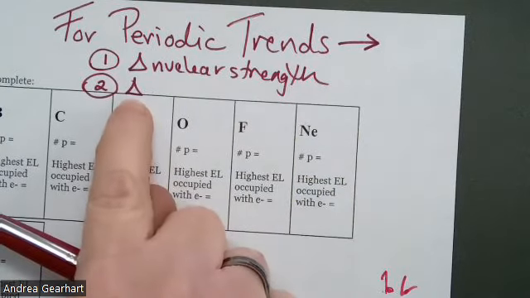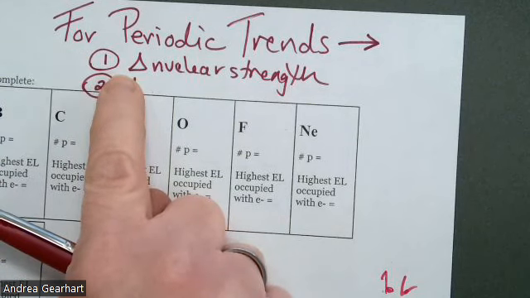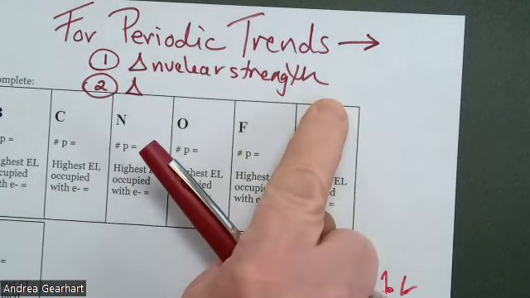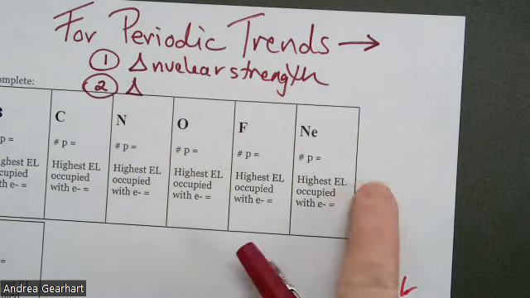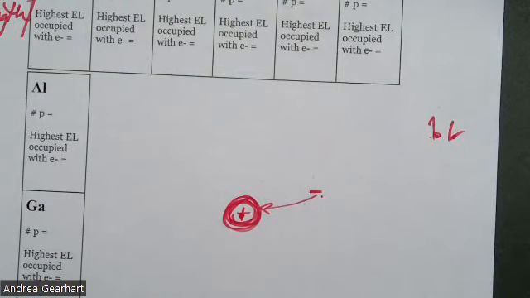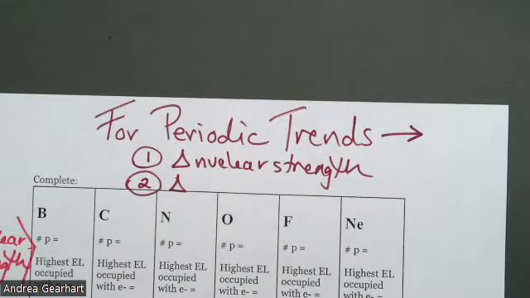If I had to write out instead of putting that triangle, it would be change in nuclear strength. So as we are moving down a group or across a period, how is nuclear strength changing? Well, in this direction, increasing, in this direction, increasing. Yeah? But we have something else to look at.